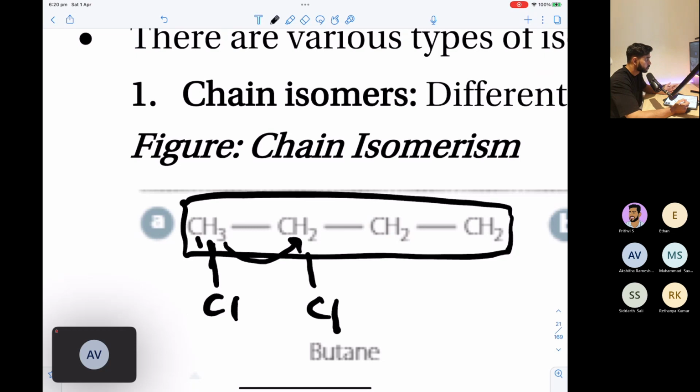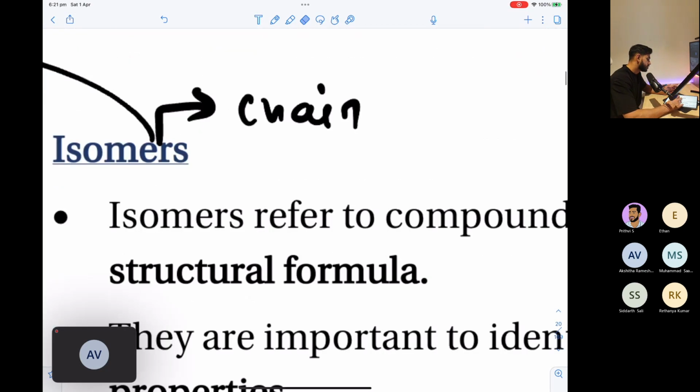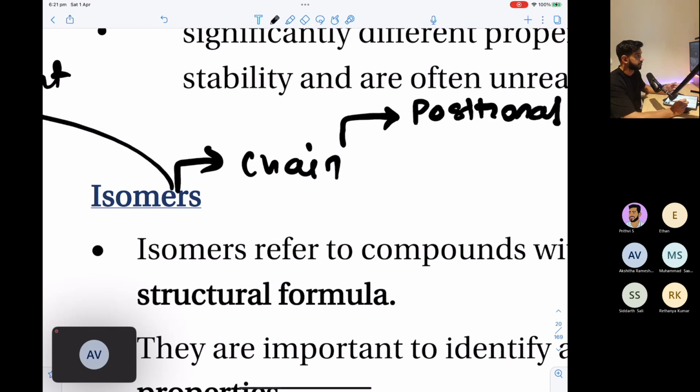Now we have two different positional isomers within this chain isomer. So again, you can have chain isomers where the main chain is different, and within a chain isomer, you can have positional isomers. Positional isomers are when the position of the alkyl group or the halogen group within that fixed main chain is moved to another position.